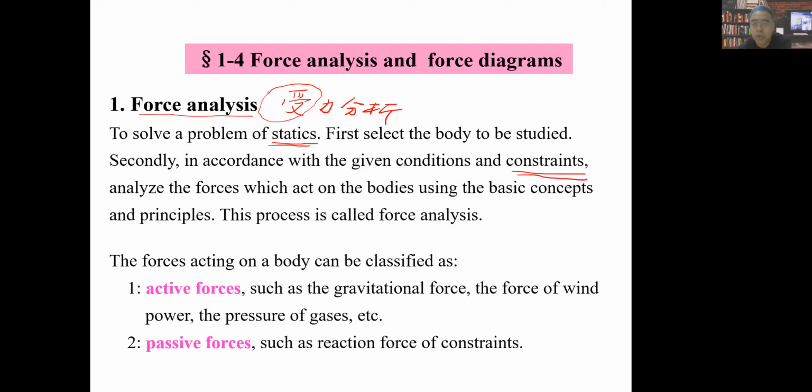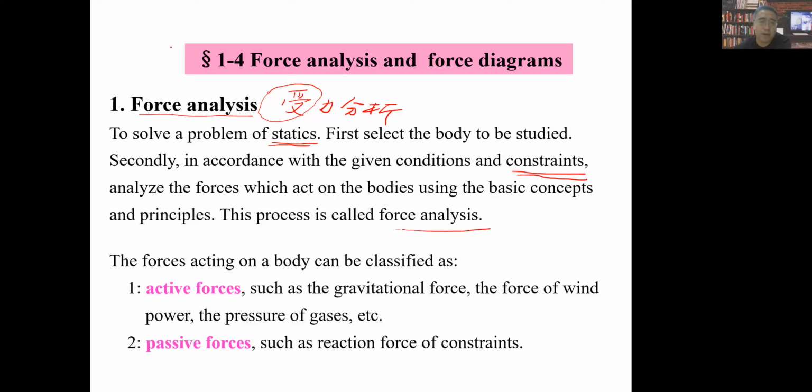We should know what kind of constraint it is and give the correct reaction force on the given point, right? Then analyze the forces which act on the bodies using the basic concepts and principles. So this whole process is called force analysis. That answers the question, what is force analysis?